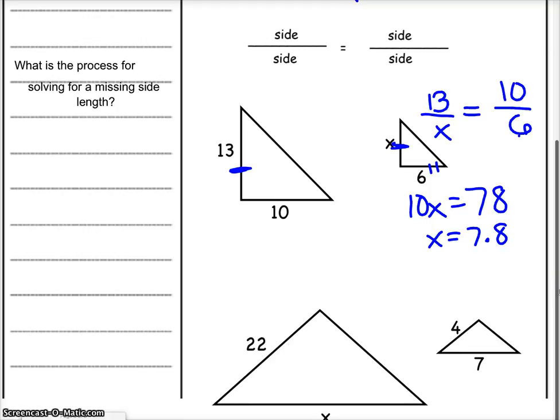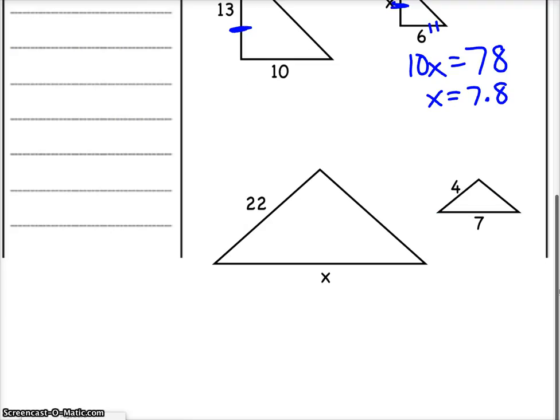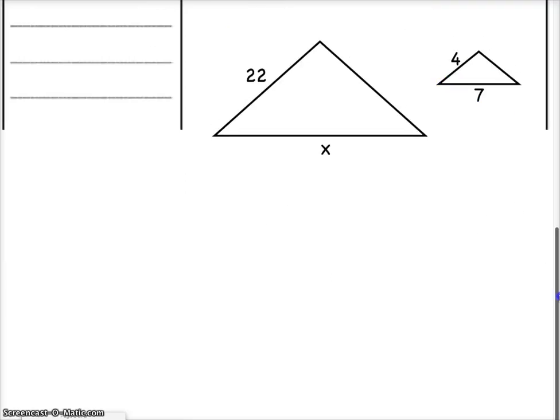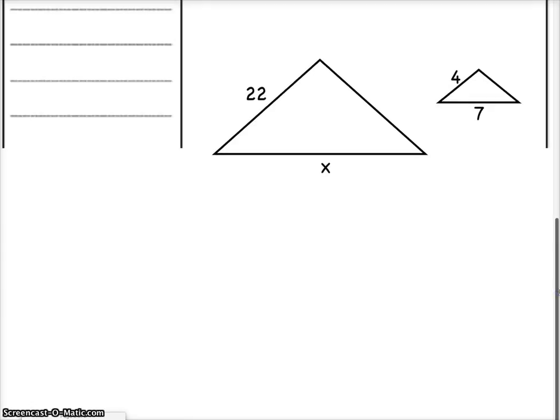All right. Next one. You try to set it up the way that works best for you. I'm going to choose to set it up big is to small as big is to small. You don't have to set it up that way. You could do side 1 is to side 2 as side 1 is to side 2, however you choose.